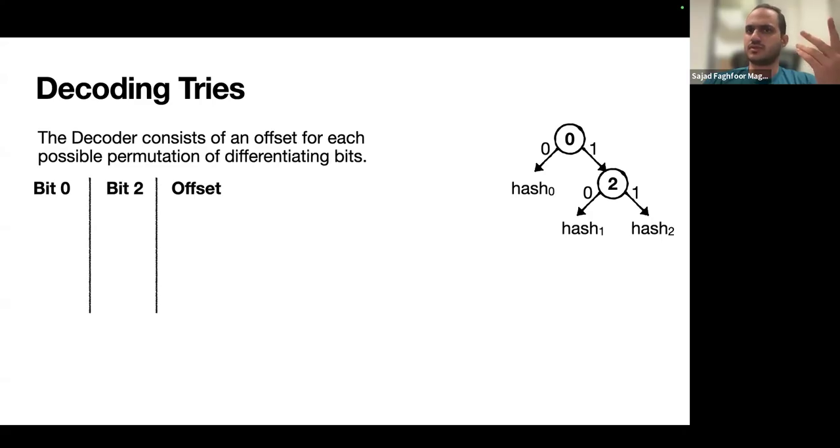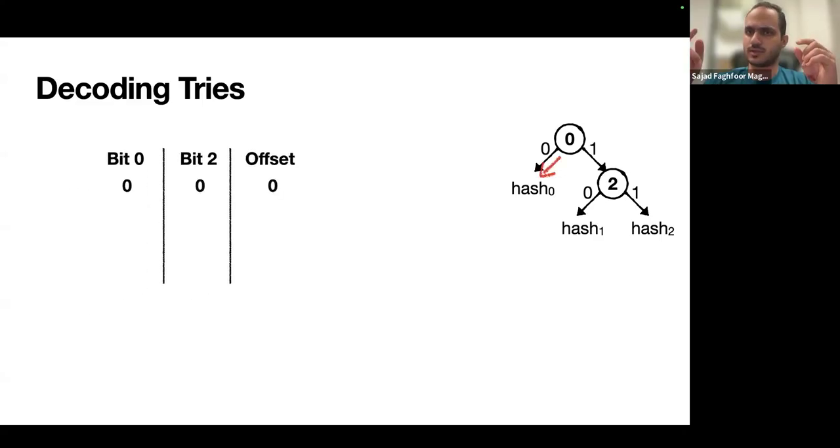What if bit 0 and bit 2, both of them in a fingerprint, are zeros? Then we know we are going to be directed to hash 0 at offset 0, right? And also, if bit 0 is 0 and bit 2 is 1, again, we're going to be directed to offset 0. But now, if bit 0 is 1 and bit 2 is 0, then we first go to the right and then go to the left, which directs us to offset 1.